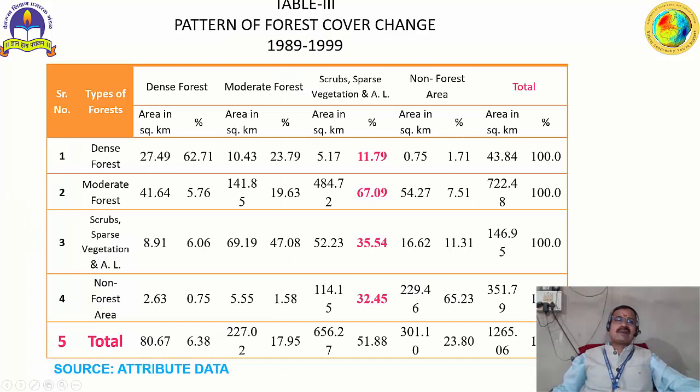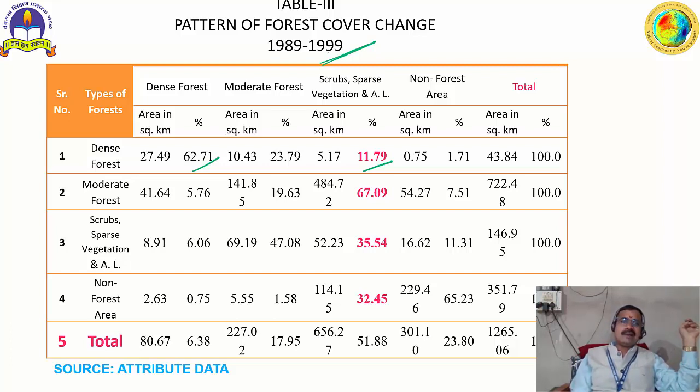This is the pattern of forest cover change, that dense forest to dense forest, how much area is converted during the 89-99. I may not say converted, it remained as dense forest to dense forest, and it was 62%. And you will find that dense forests were converted to scrubs, sparse vegetation, etc., to agricultural land, and non-forest area, etc. Again, moderate to dense, moderate to moderate, moderate to scrub, and moderate to non-forest.